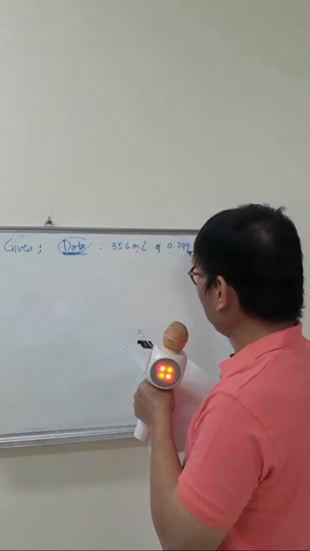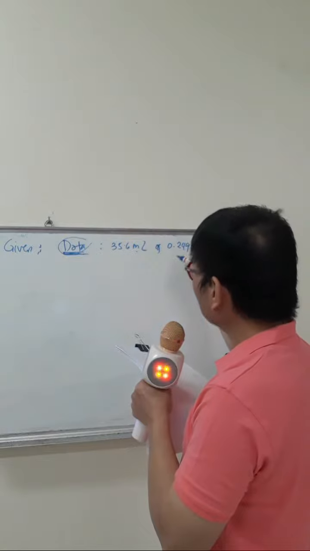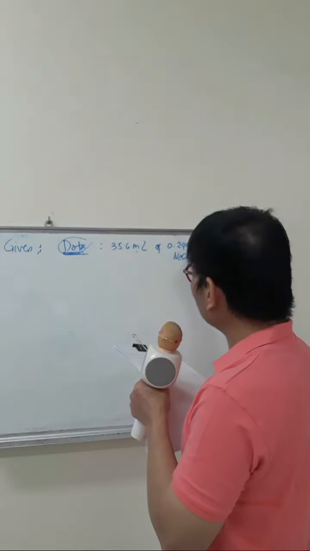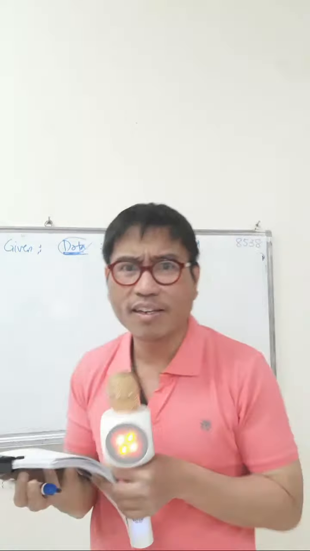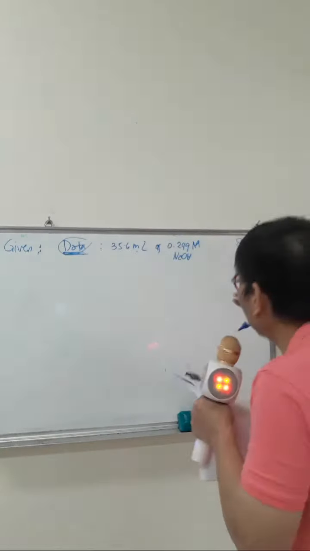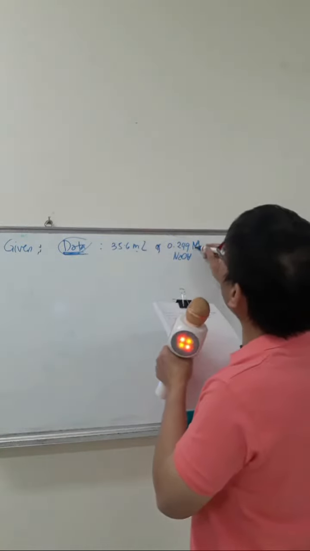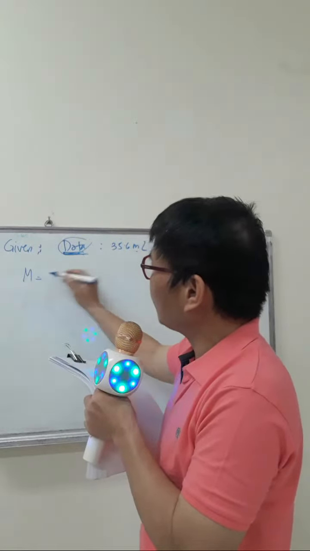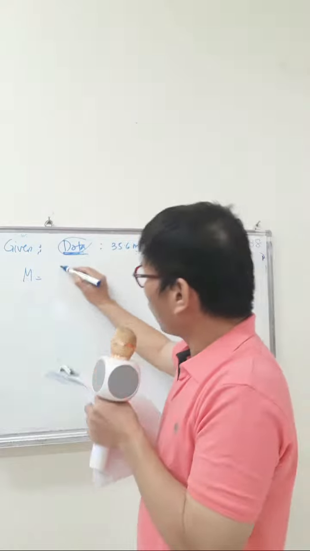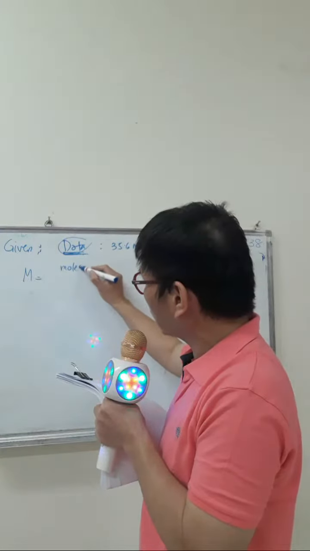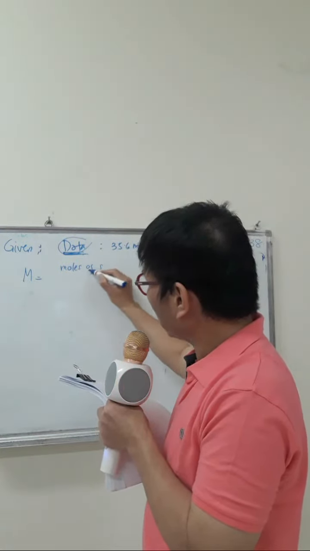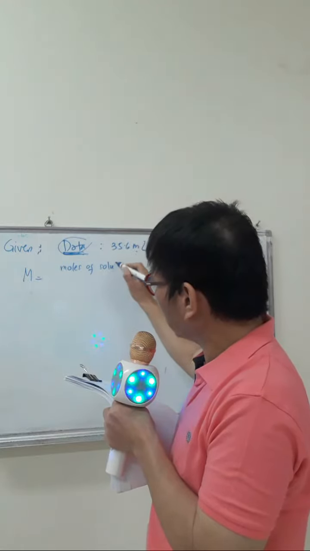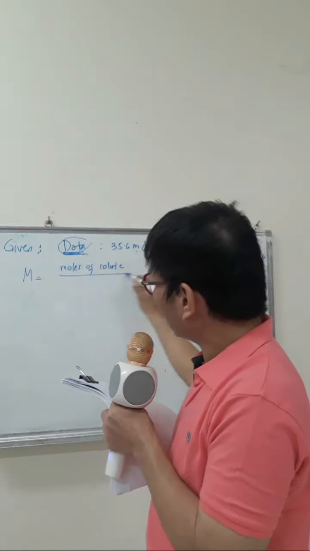0.249 molarity of sodium hydroxide. So sodium hydroxide is a strong base, right? Okay, molarity. When you mean molarity, capital M, that means very basic in chemistry. That is moles of solute over liters of solution.